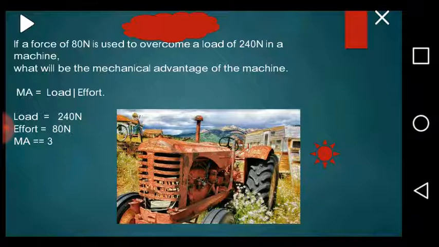To get mechanical advantage, we use the ratio of the load over the effort. Our load is 240 Newton, while the effort applied is 80 Newton. If we divide 240 by 80, we get 3. So 3 is the mechanical advantage of the machine. Note that the mechanical advantage has no unit.